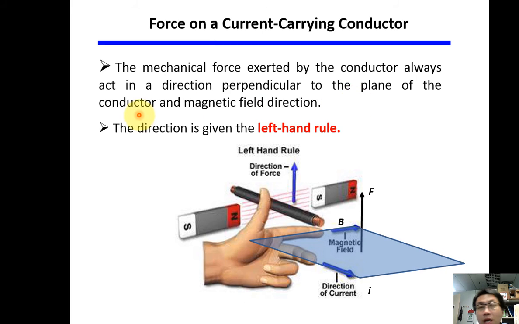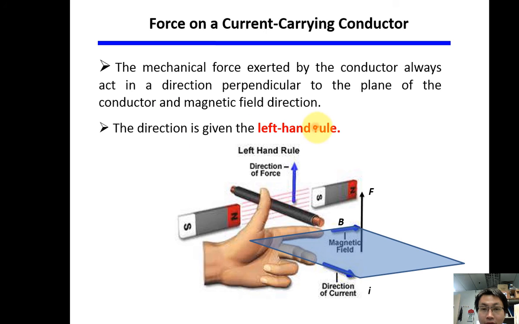The plane of the conductor actually is stated by the direction vector of the current. So this finger, we know, points as the current. This finger points as B. So the plane of the conductor and magnetic field direction means the B and I plane. So we draw it out. This is the plane.